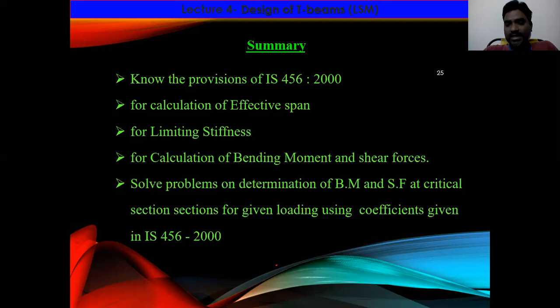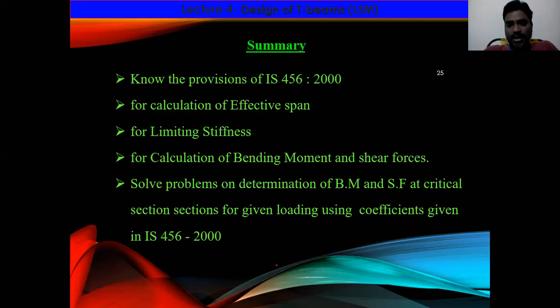That means we calculated the effective span based upon the thickness of the support, and we calculated the loads, and from that we calculated the factored loads. Based upon the conditions of the member, we took the bending moment coefficients from Table 12 and calculated the bending moment.